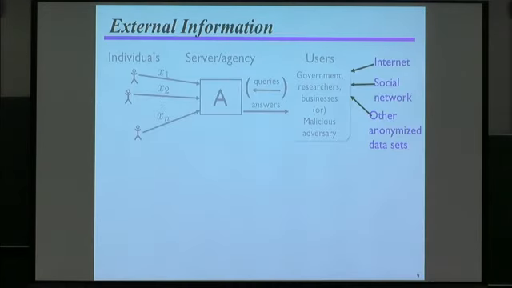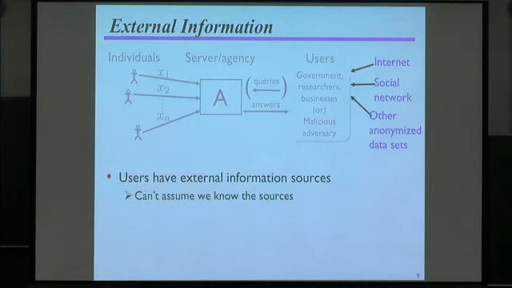In some sense, one of the things that makes reasoning about privacy very challenging is that in addition to the information you have, the data set you have, there's all this other information about people out there. Users of your data set, of your data products, may have access to other information about the individuals in your data set.